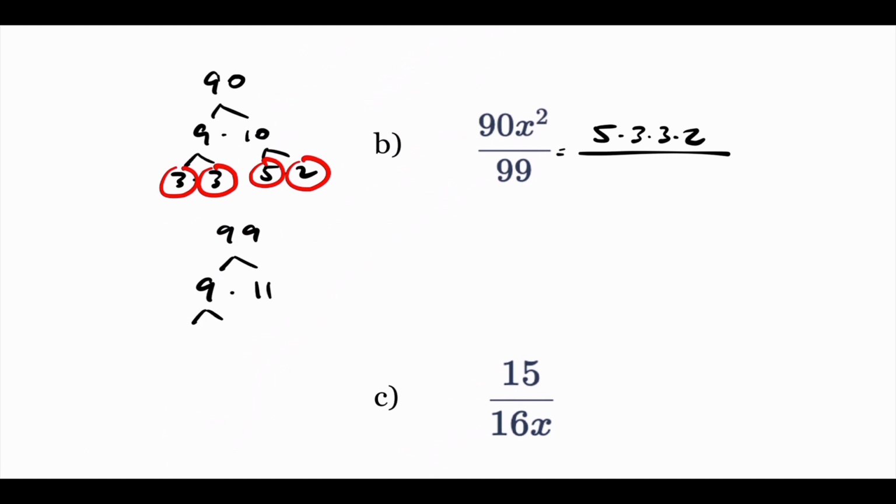And then 9 is 3 times 3. 11 can't break down either. That's it. And then the top has x times x.